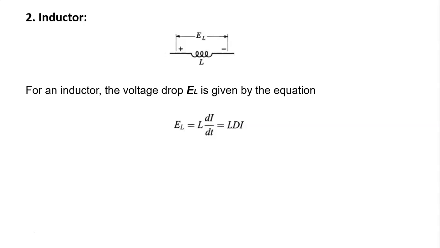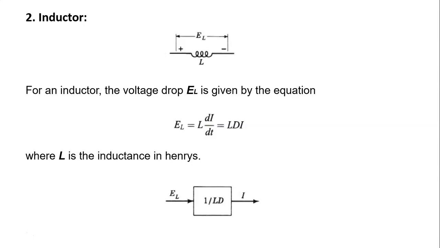Therefore, EL is equal to L D I, where capital D is equal to d by dt, the differential operator we have already studied. L is the inductance in henrys. You can represent EL is equal to L D I using a block diagram like this: EL into 1 upon L D is equal to I.